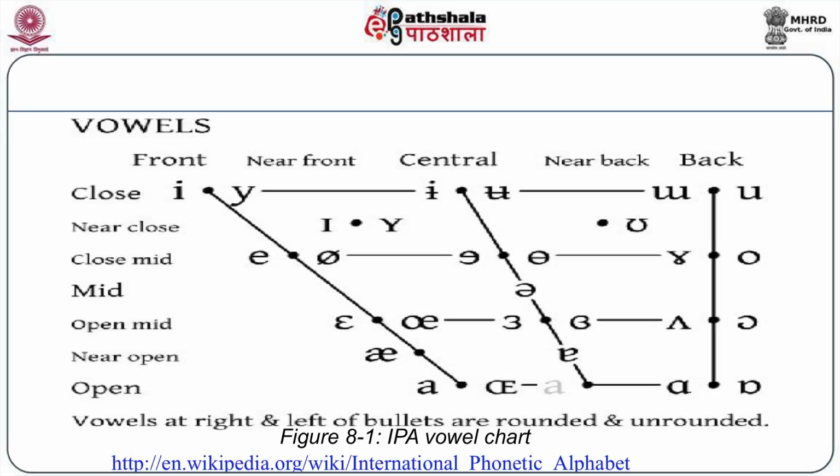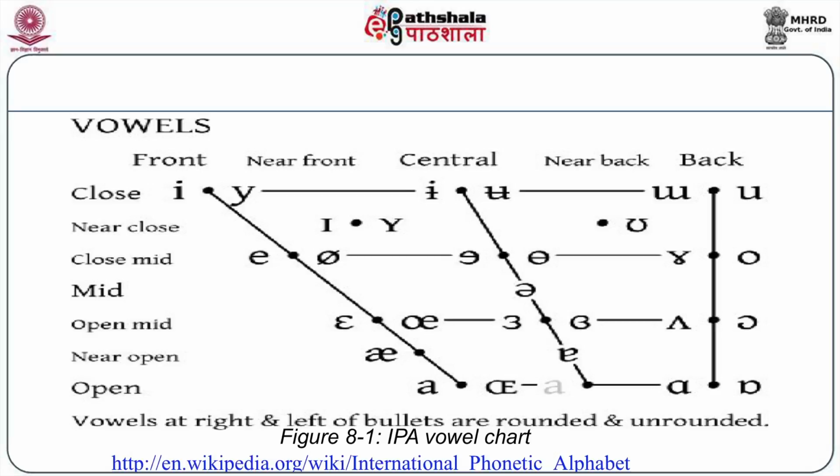I suggest that you take a look at this vowel chart closely and try and practice their production and reception. As you will recall, the vowel chart takes into account three parameters of distinction amongst the vowels.